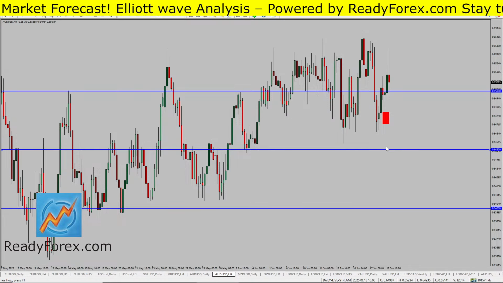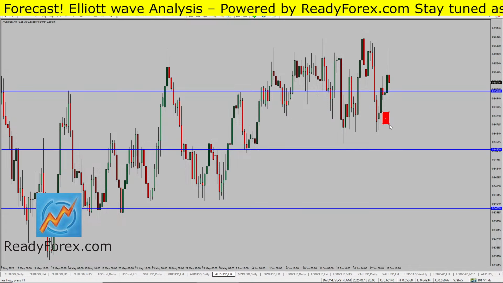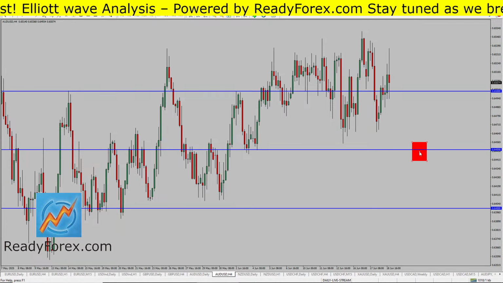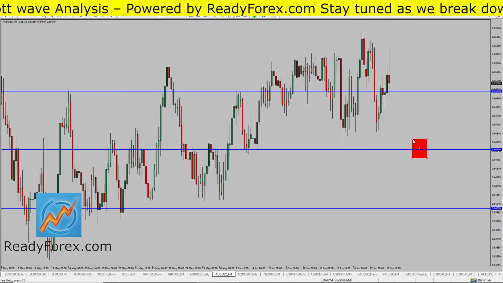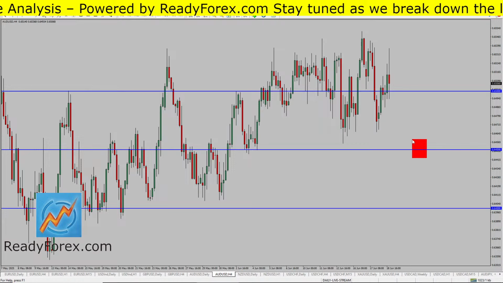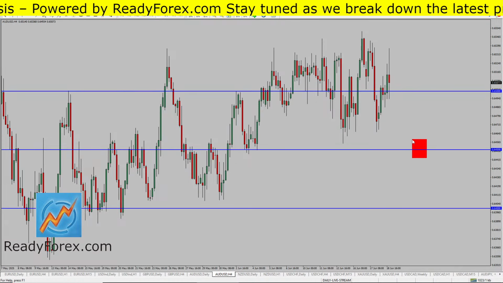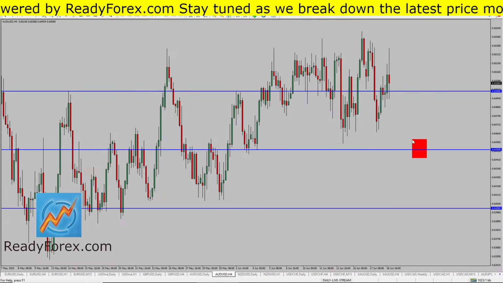If the market really wants to drop, then you need to wait for the price action to break below the 0.6450 level.